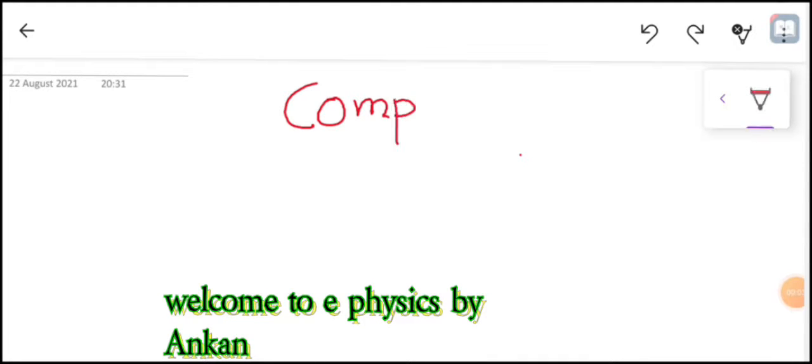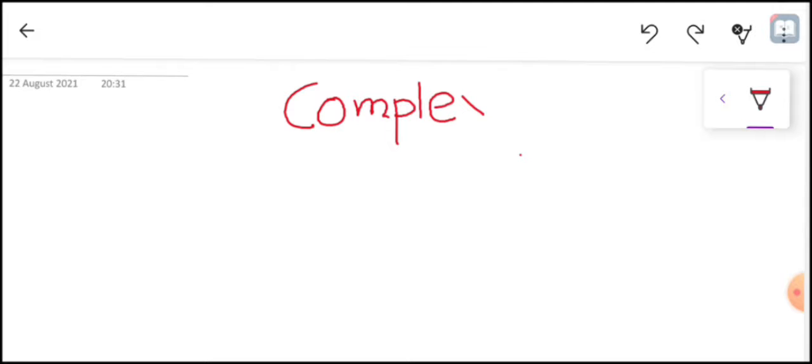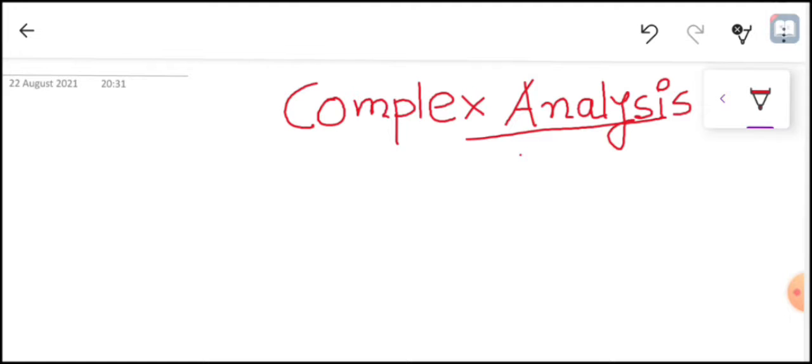Complex analysis. So to discuss complex analysis, we have to first introduce the complex number.